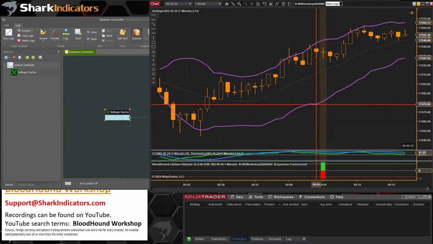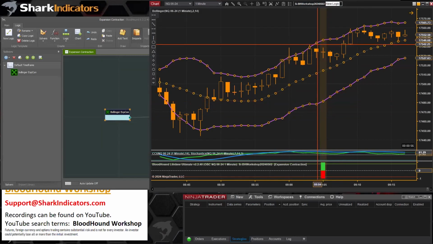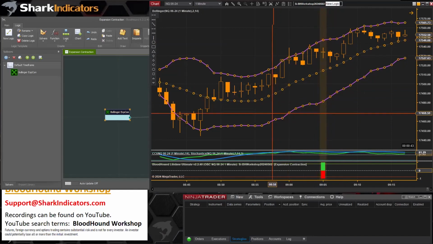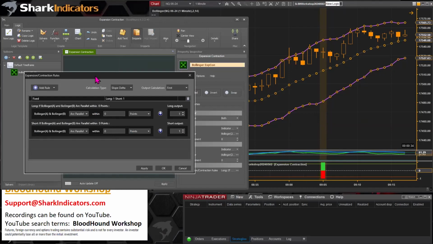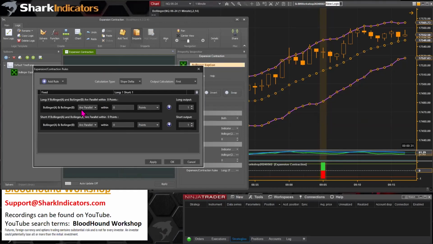All right, so from that point to that point, and then that point to that point, they actually moved exactly the same amount. So we had one bar where those bands were parallel and not expanding or contracting. I think so far, from the questions I've had in this workshop, using the parallel is probably going to be more common when you're using this to look at two moving averages.